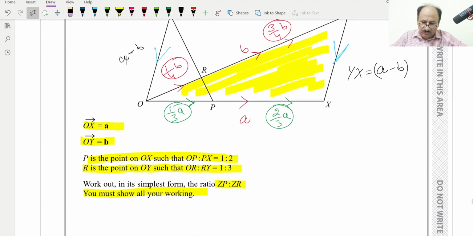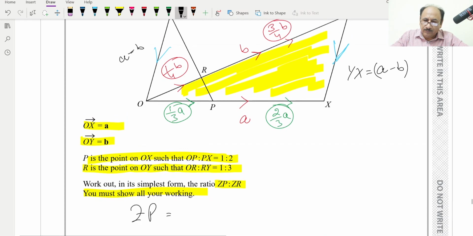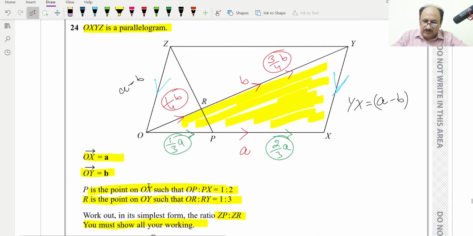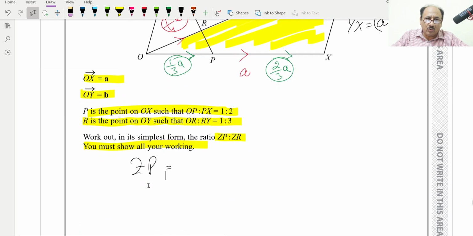Now we can write ZP, and ZP is equal to what? ZP is equal to ZO plus OP.